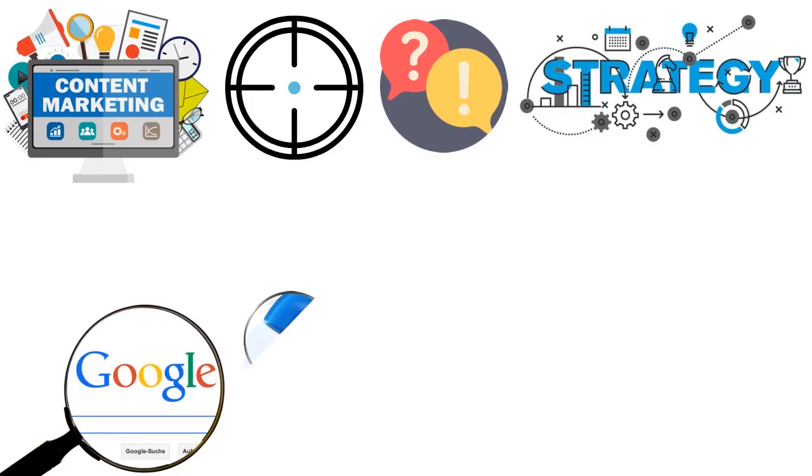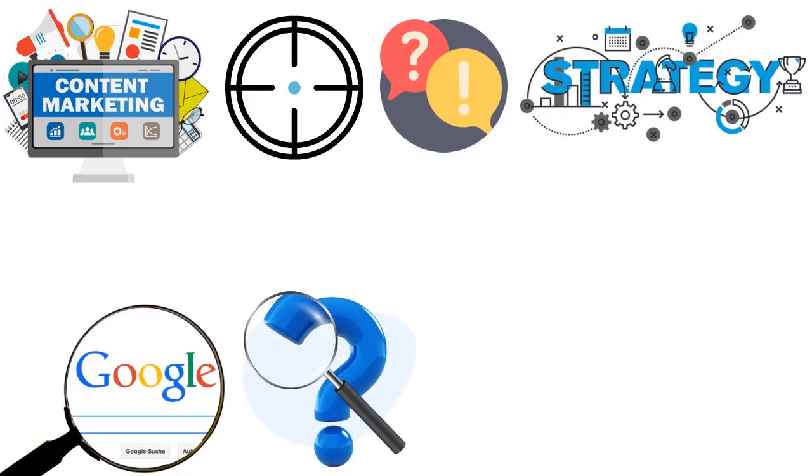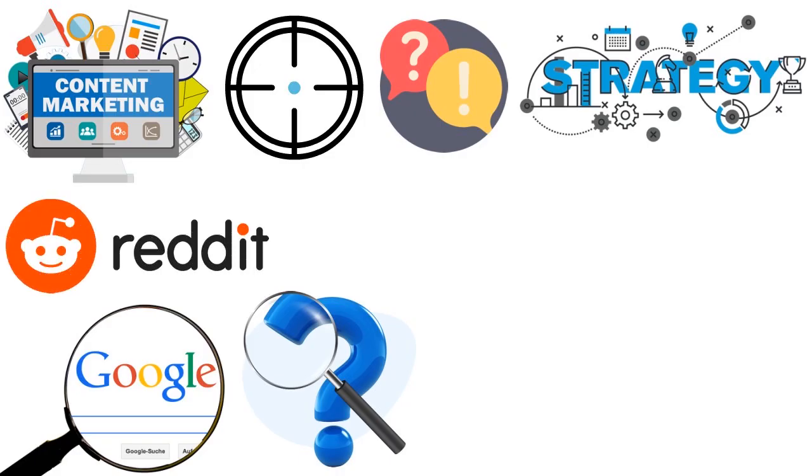You also can look for common questions in online forums such as Reddit, or Quora. Those are both great places to find questions people are asking about your industry. Those questions are also often perfect topics to cover in your top of the funnel content.